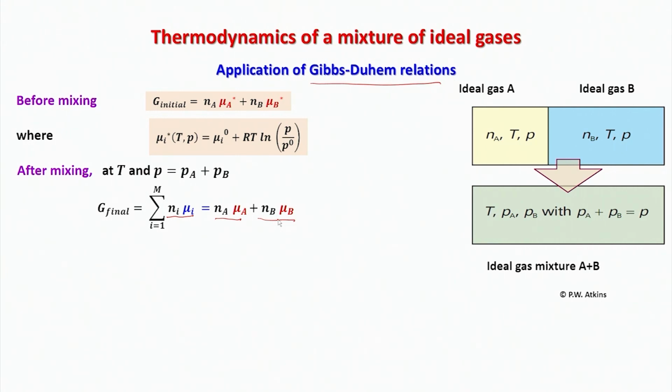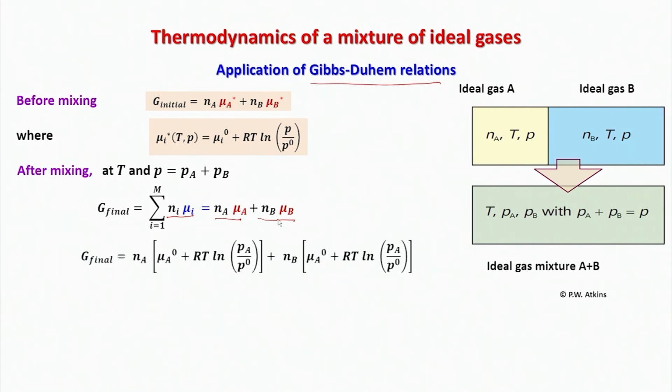Please remember, now after mixing, both the components are present inside the mixture, and I know how to write down each of these quantities in the mixture provided I know their partial pressures. Therefore, I am going to replace mu A by this expression, which we have already derived for an ideal gas.